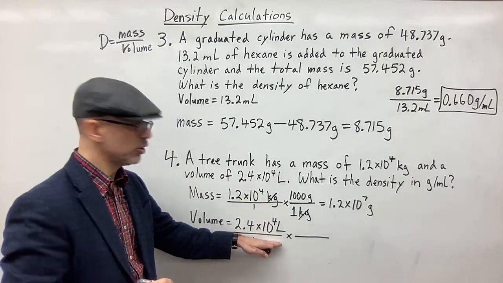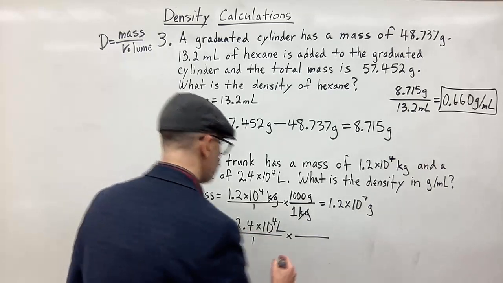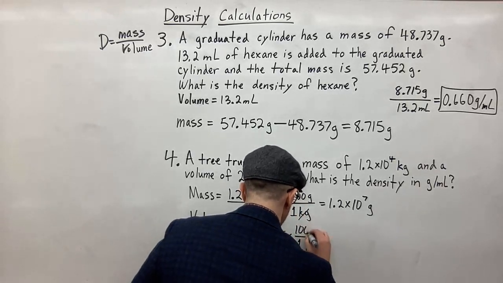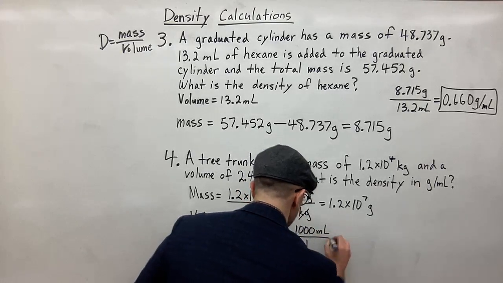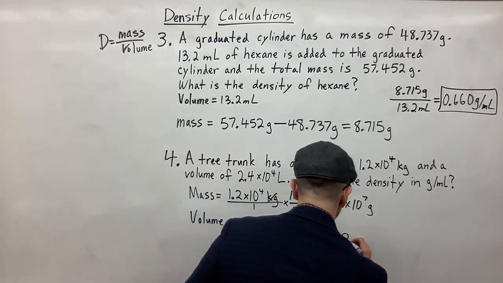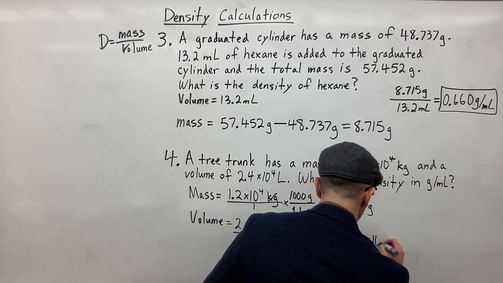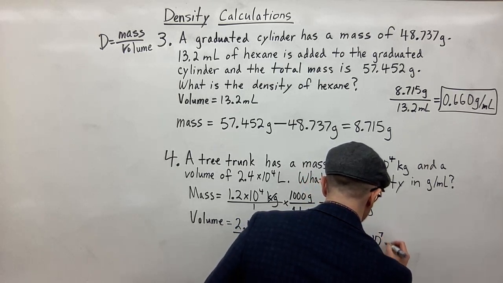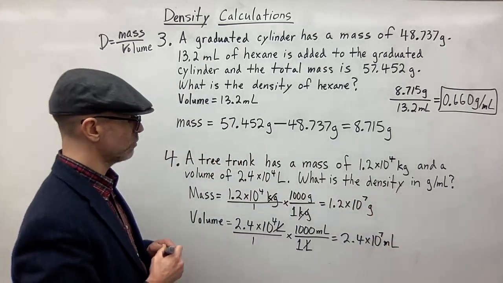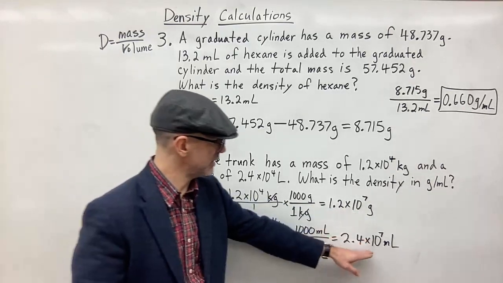I'm going to use the 1 liter is equal to 1,000 milliliters. So 1 liter is on the bottom, 1,000 milliliters on top. Liters cancel out. And so I get 2.4 times 10 to the 7 milliliters.